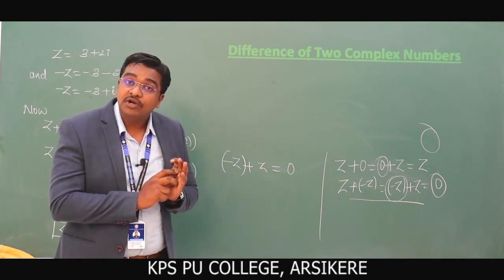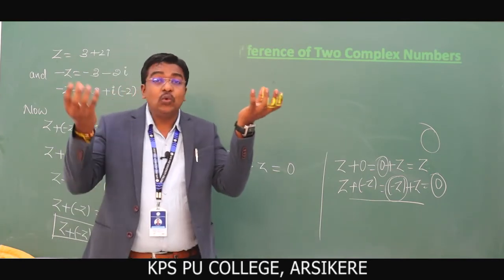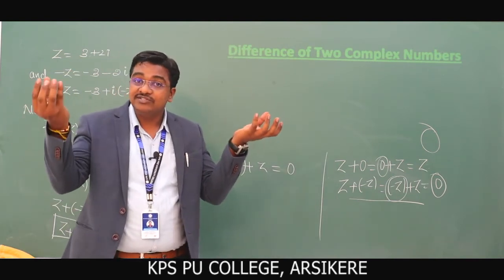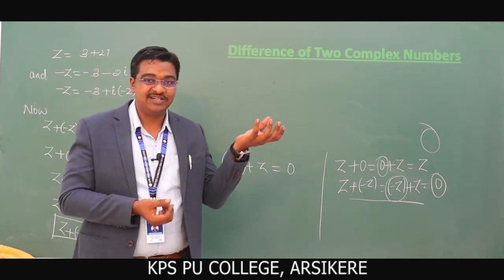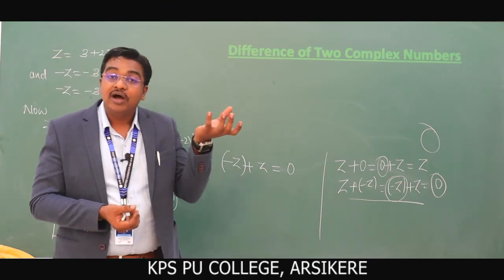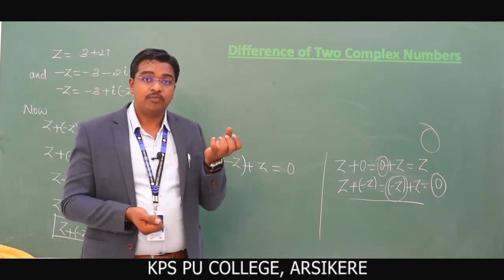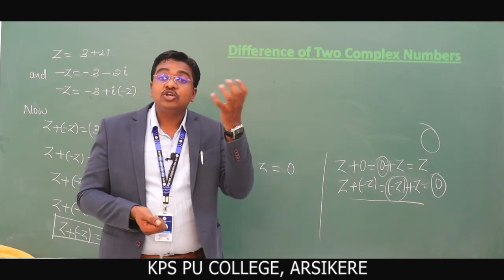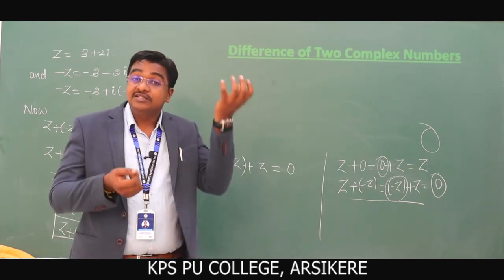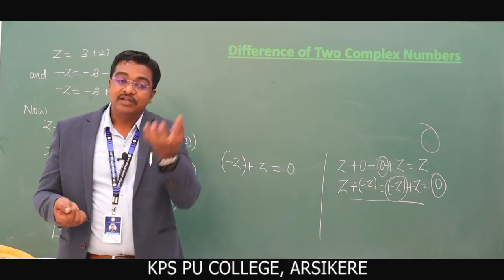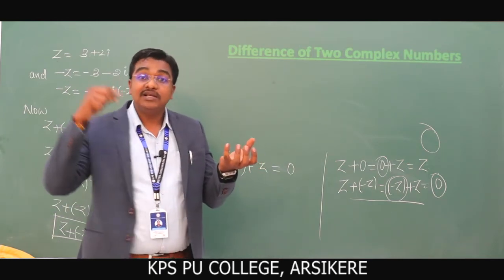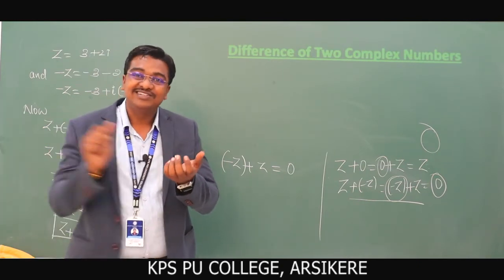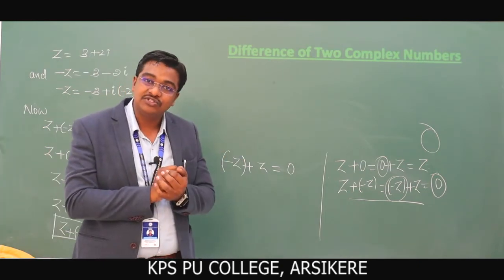Second, the commutative property: when you take two complex numbers z1 and z2, z1 + z2 = z2 + z1. And the third one, the associative property: if I take three complex numbers z1, z2, z3, then (z1 + z2) + z3 = z1 + (z2 + z3). This is property number 3, the associative law.